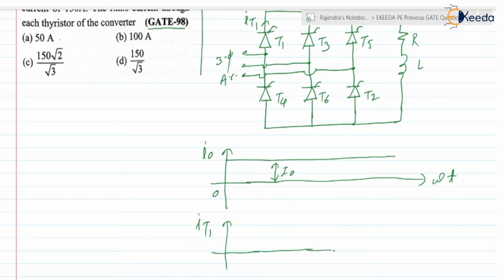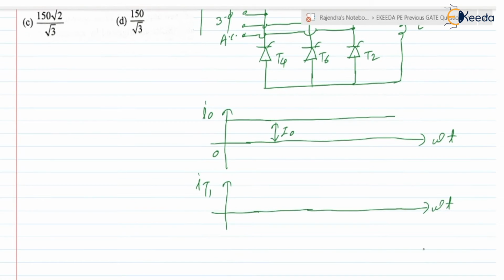Let us check the circuit operation. In the three phase 6 pulse converter, or three phase full wave rectifier, we are having six switches. At a time, two switches will be in the on state, one from the upper group and the second from the lower group.